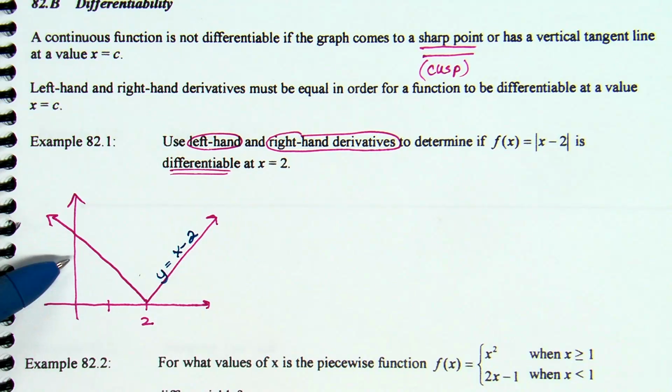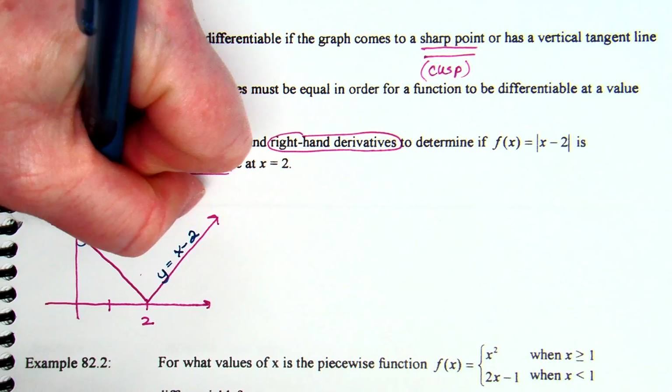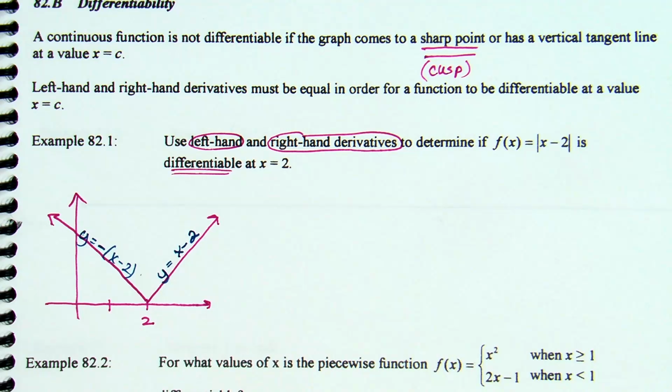Right. If you need help, I would write it as the negative of x minus 2, like that's the idea behind it. But what you're probably more comfortable with is saying negative x plus 2.